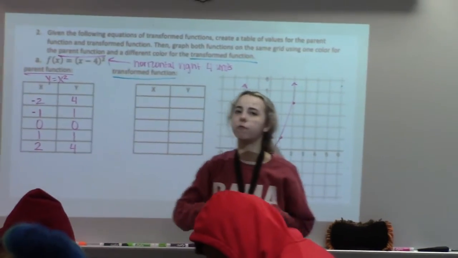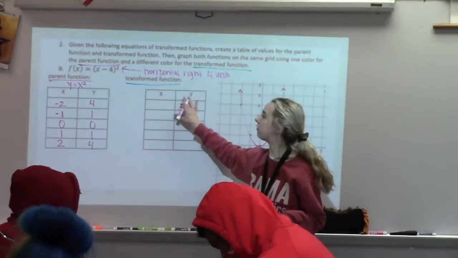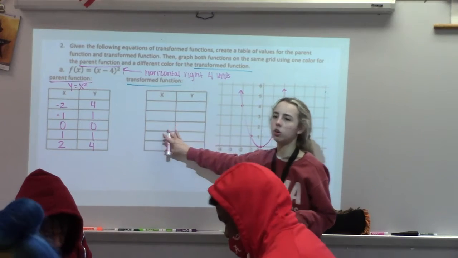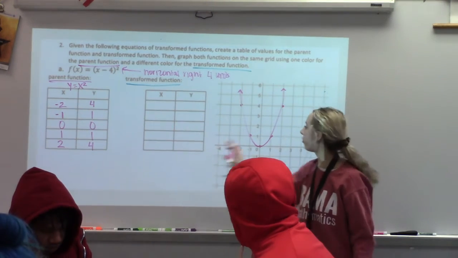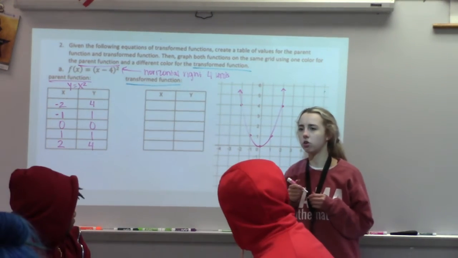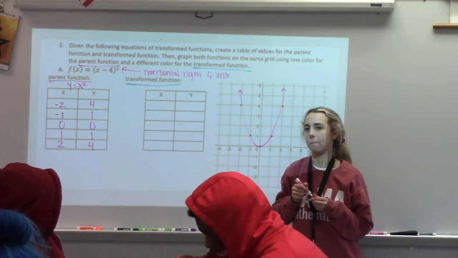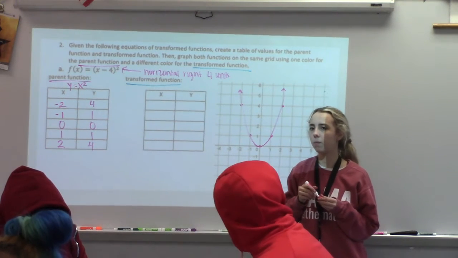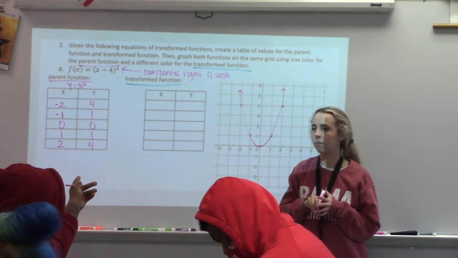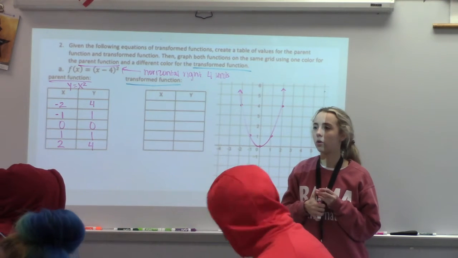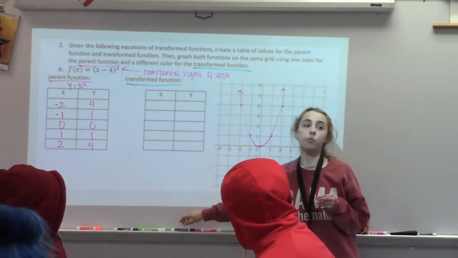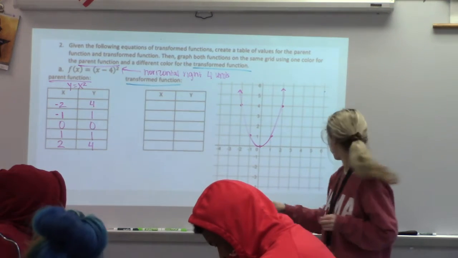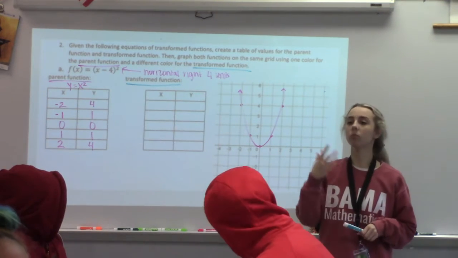Okay, so before you even make the table for this transform function, do you know what those points are gonna be by looking at this graph? Actually, the points are just gonna be the same, the x is just gonna be moved over. Which points are gonna be the same, Chase? The y values are the same.